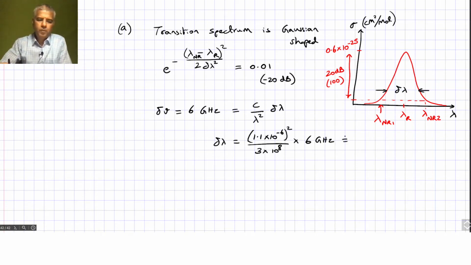So that will correspond to delta lambda, which is in nanometers. If you do the math, what you will find is this corresponds to 0.024 nanometers, right? So this delta lambda, the spectral width in terms of wavelength, is 0.024 nanometers, which we can plug into this expression here and get a value for lambda NR.